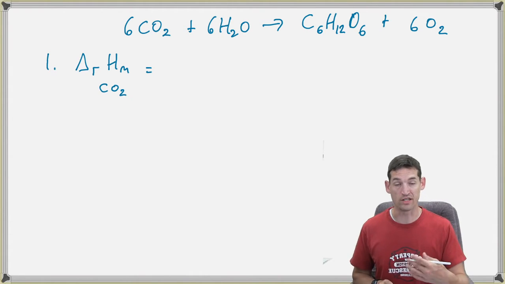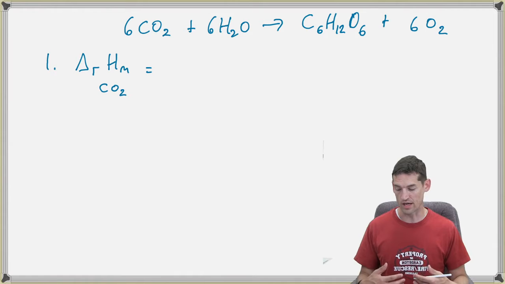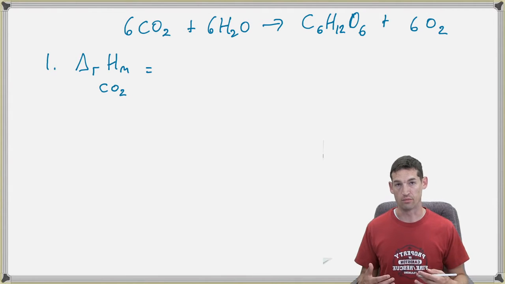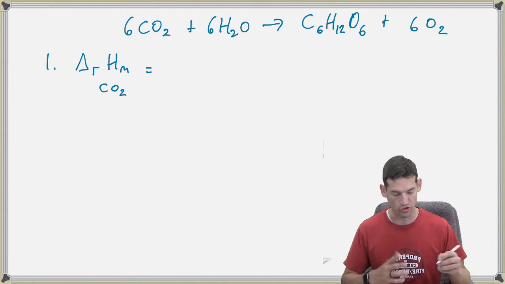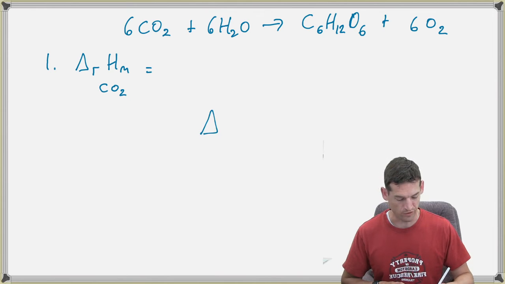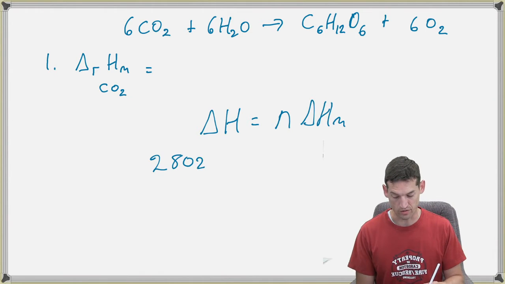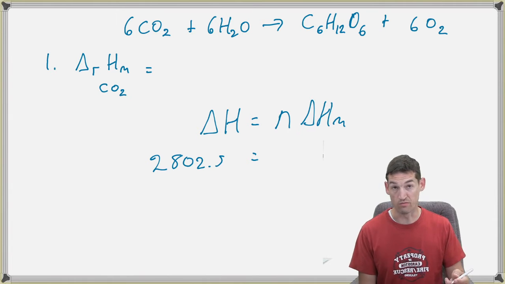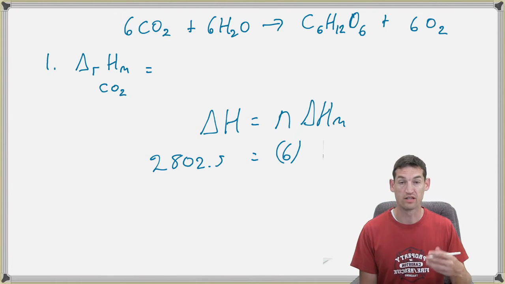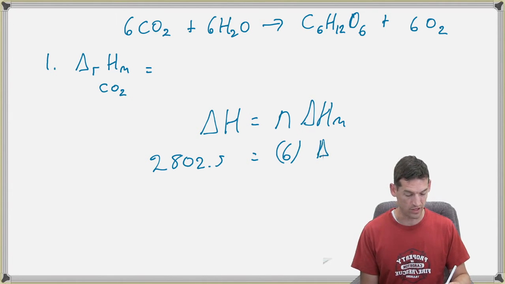So that means in order to get it down to 1 mole, I have to divide by the number of moles. Remember your formula delta H is equal to N delta HM. So they've given me the delta H, 2802.5. The number of moles here is 6. Delta HM is what I want.